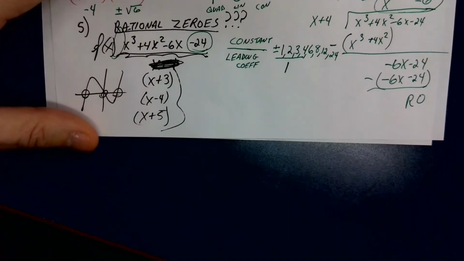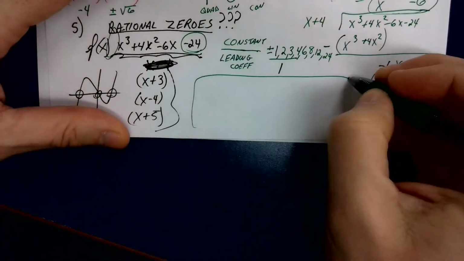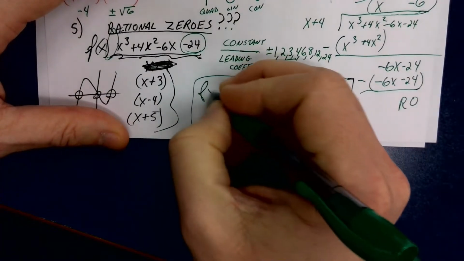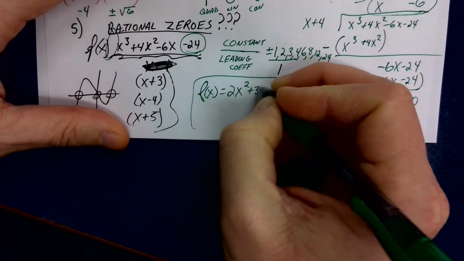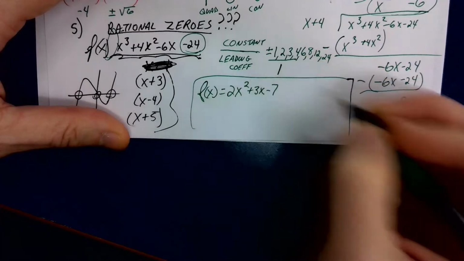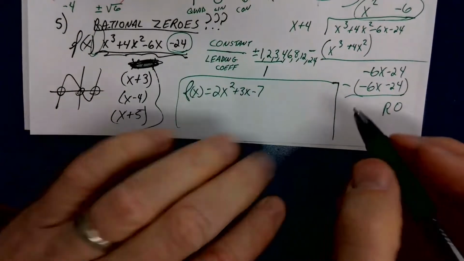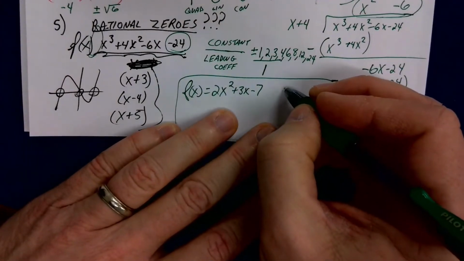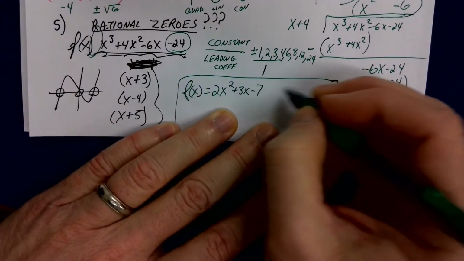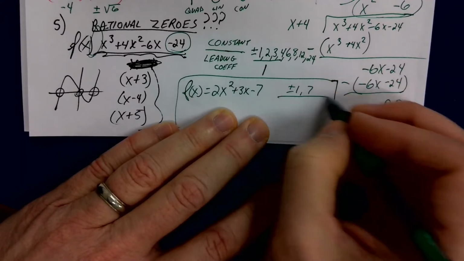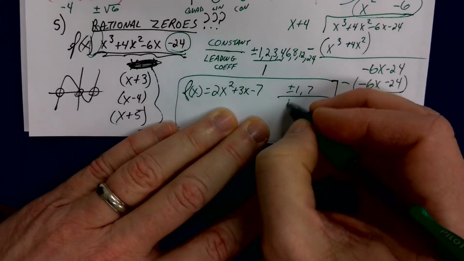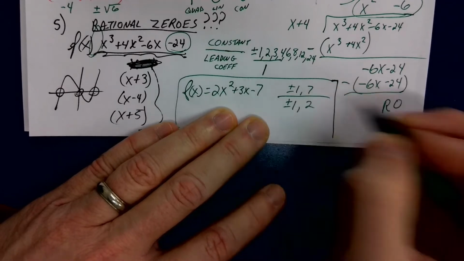So let me show you one more example right down here in this little space. Let's say that I had f of x equals 2x squared plus 3x minus 7. Then I would have to look at these possibilities: the factors of this term, plus or minus 1 and 7, divided by the factors of the first term, plus or minus 1 and 2.